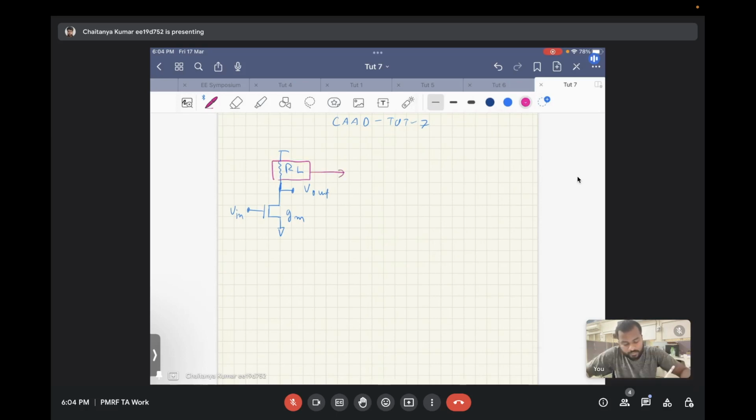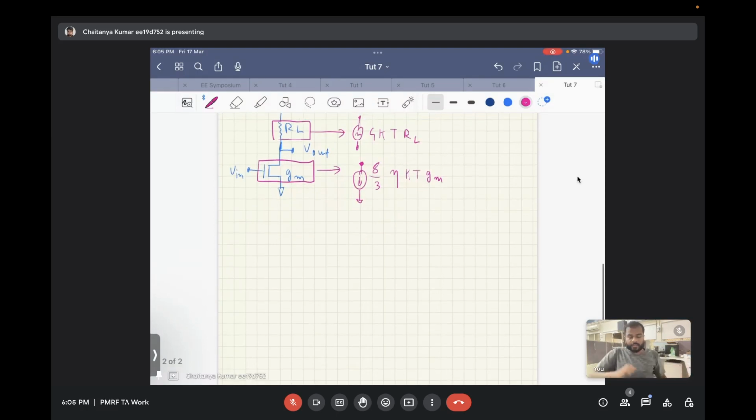One thermal noise source is from this resistor, that is 4kT RL, and the other one is this guy that has 8/3 ηkT. So this is a current source. If we assume a current noise source, 4kTηGM, and this is a voltage noise source that we are assuming with this.